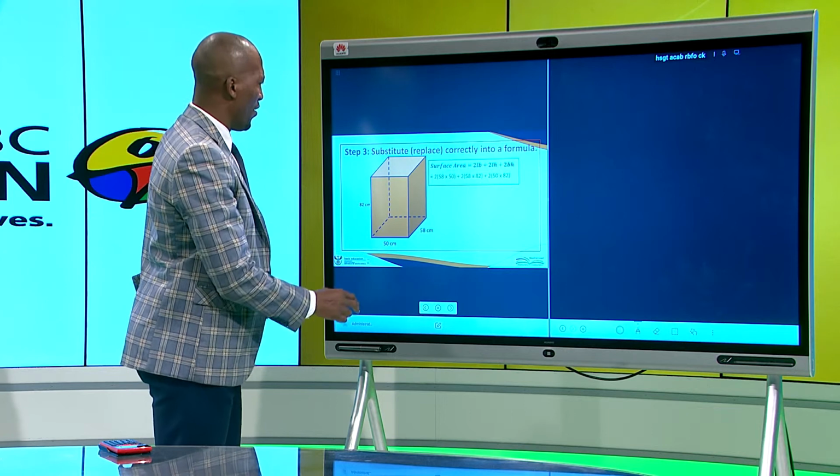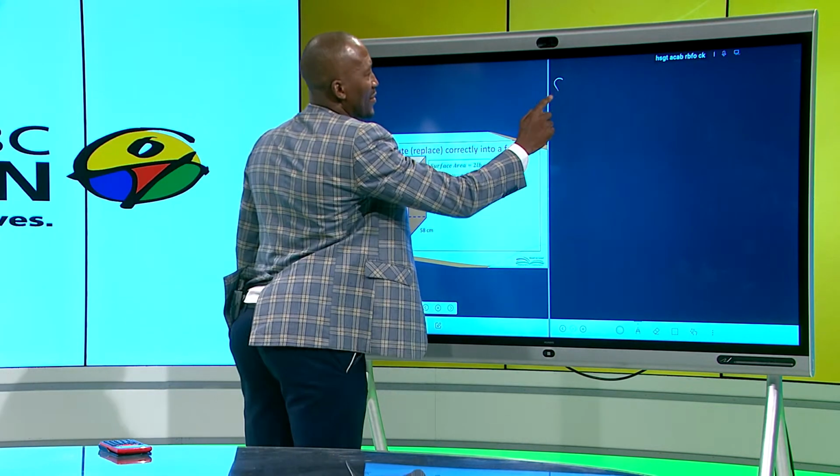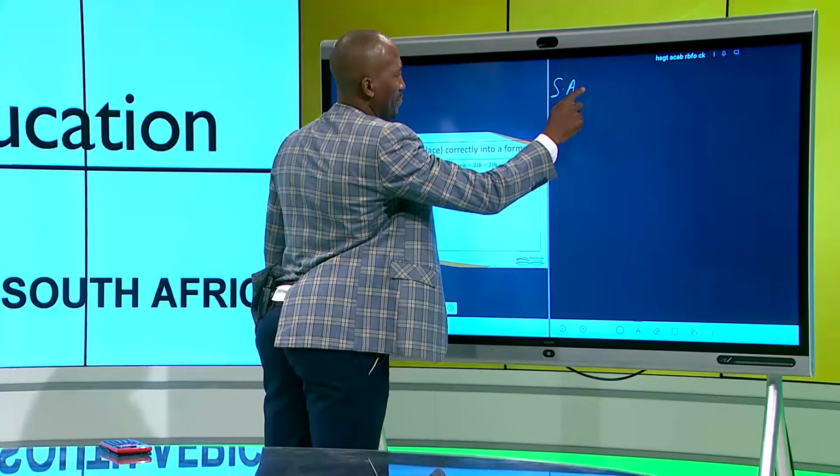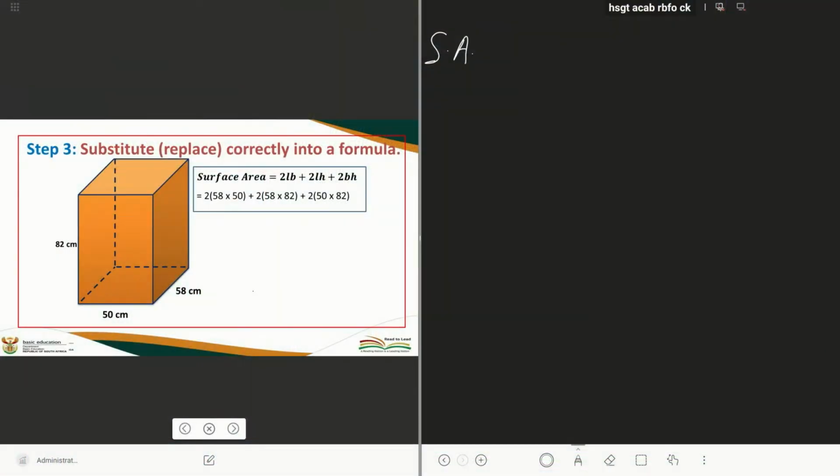So in our formula there, surface area equals 2LB plus 2LH plus 2BH. What is important now is that in step number 3, you must substitute correctly. Remember you choose the correct formula. The second step, you convert. The third step, you substitute correctly.